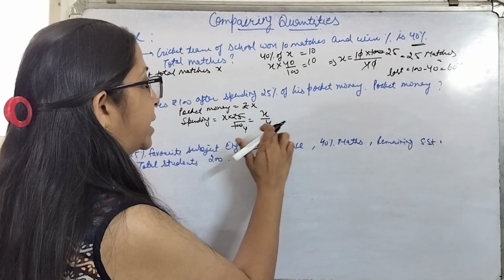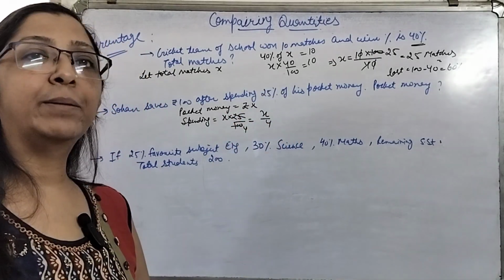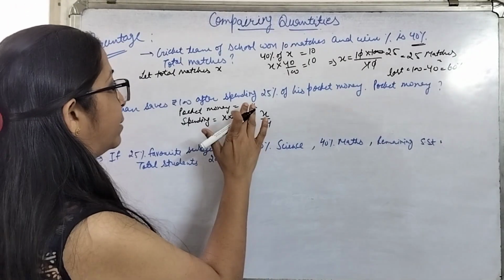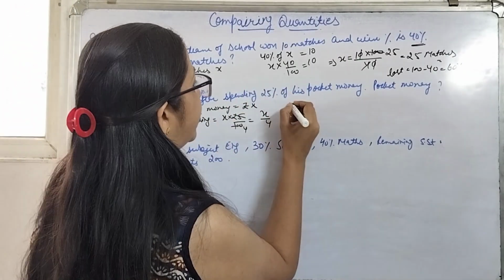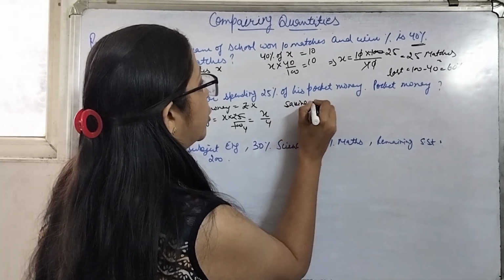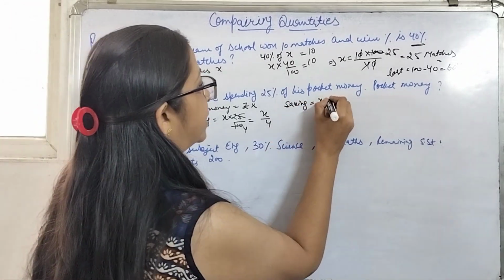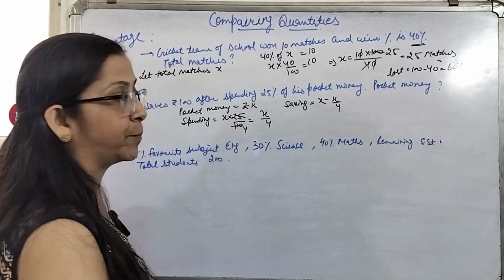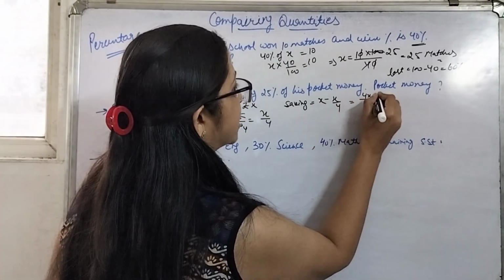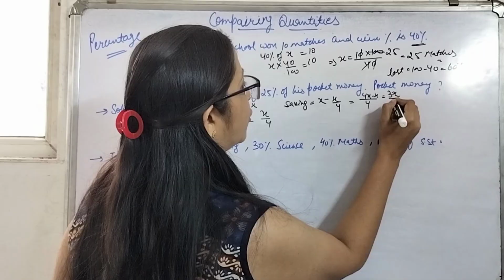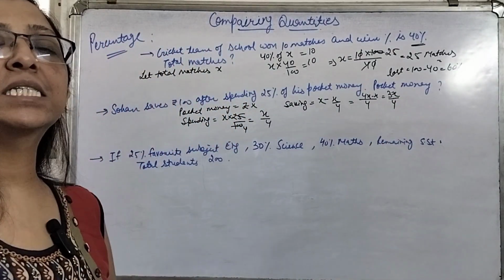If he is spending X upon 4, how much is he saving? Total money was X, spending is X upon 4. So saving will be the total money he was having minus the money he has spent. So 4 will be the LCM. It will become 4x minus x, that is 3x upon 4 is the money he is saving.